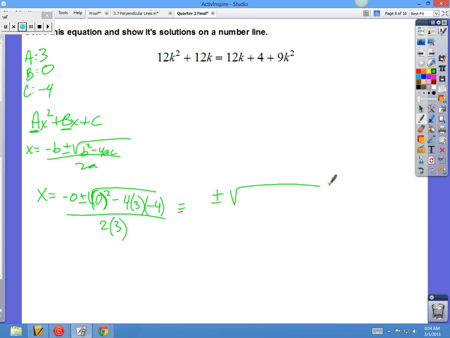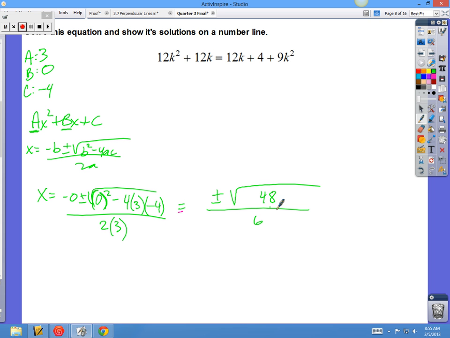That whole square root should clean up. If you just type that line in exactly as it is on your calculator, you'll get it right. So 0 squared minus 4 times 3 times a negative 4. You should get 48 under there. And then 6.